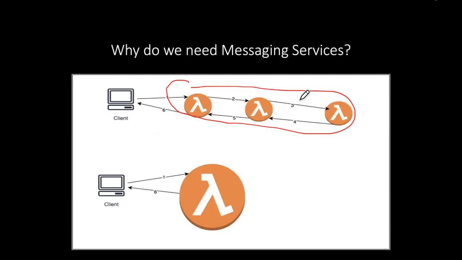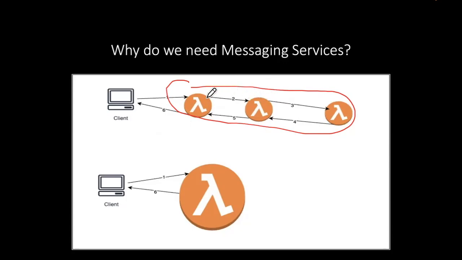So spikes in demand, sudden spikes in traffic, and availability issues are going to have a negative effect on whatever processing is being done by this part of your application.